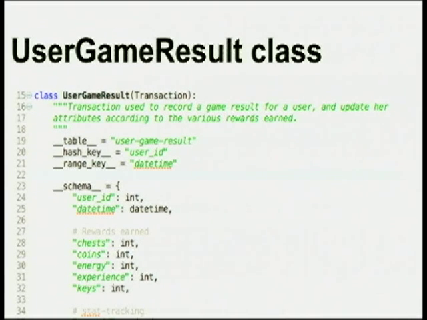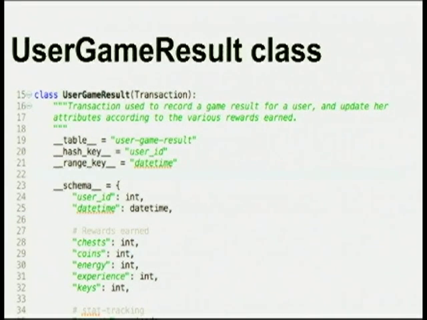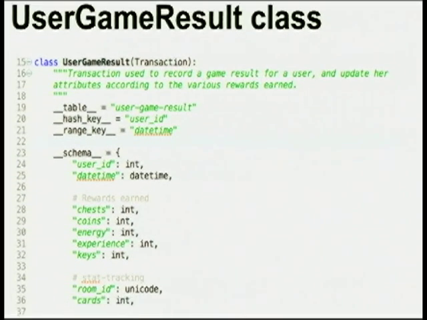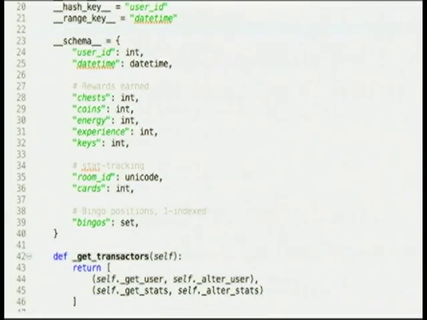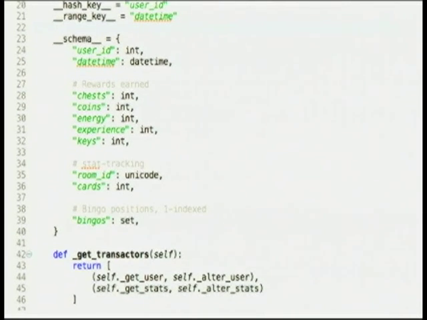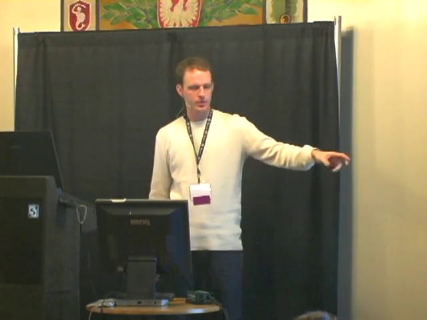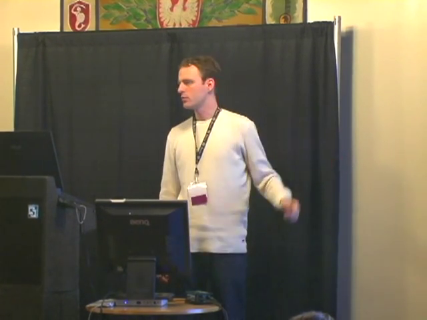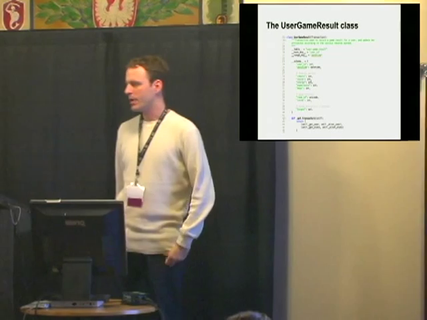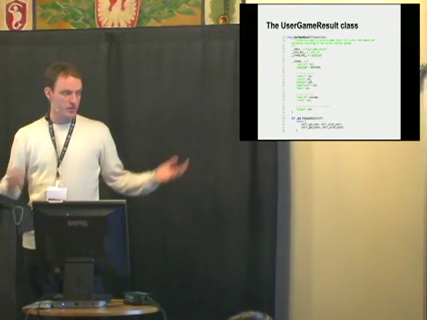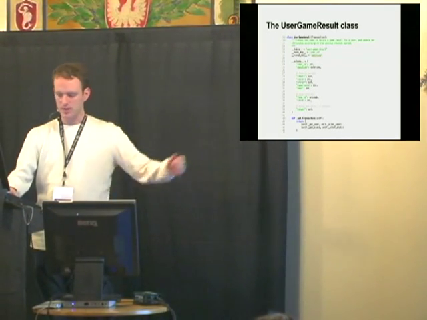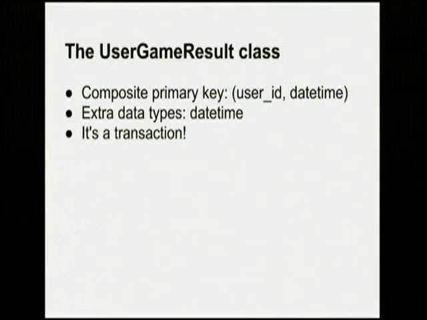The definition of the transaction is the getTransactors method here, which basically says this transaction first gets a user, modifies it to give it chests, coins, energy, experience, etc. And then, after saving that, it also gets the user's stats, which are yet another table, modifies them for just some bookkeeping information, and saves it again. And that's it. It's a transaction.